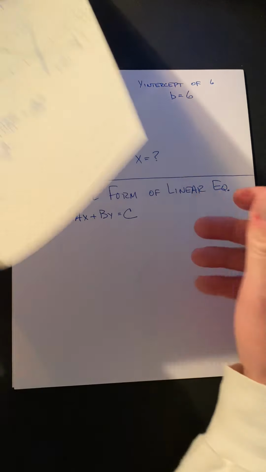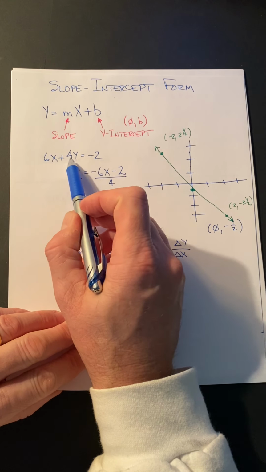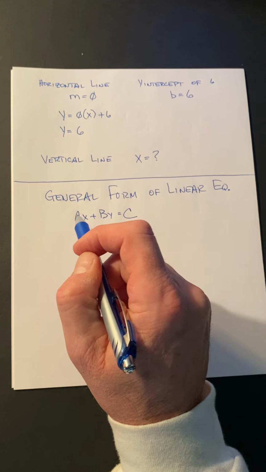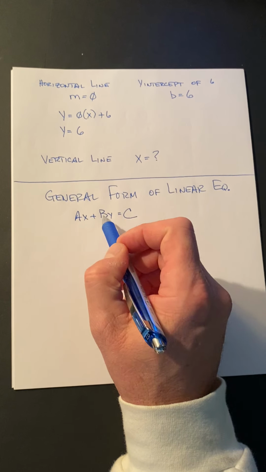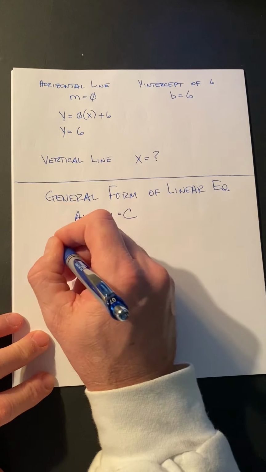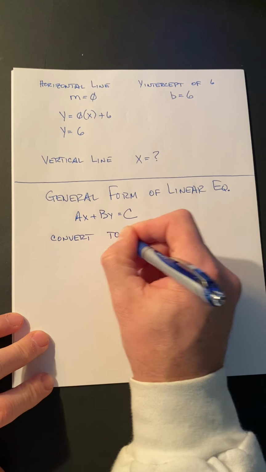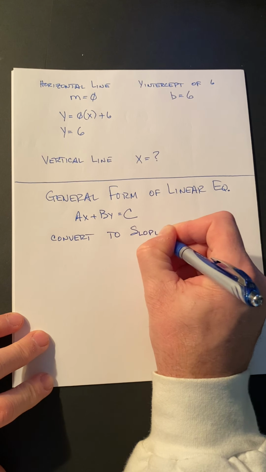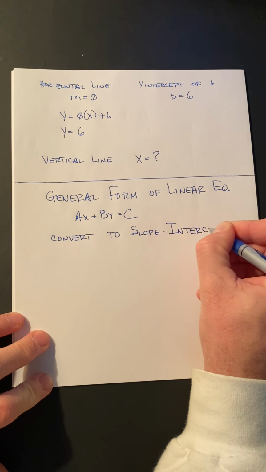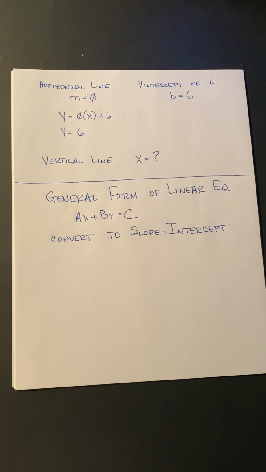Just like we did on this problem over here, ax plus by equals c. And when we want to graph them, we take the general form and we convert it to the slope-intercept form, okay? Because just like I showed you, we can graph from those.